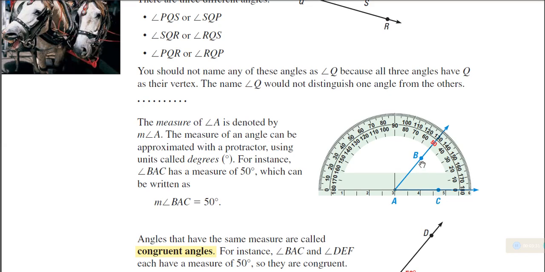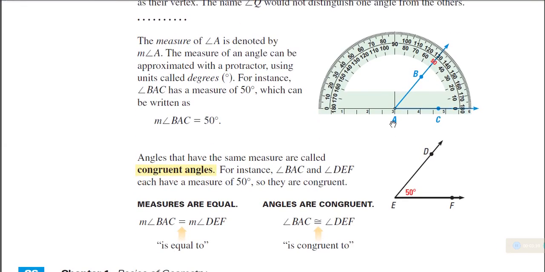So, for example, meron tayo ditong angle BAC, pwede mo rin siyang tawaging angle CAB. Paano natin siya mini-measure? So, yung isang ray, naka-flat siya dun sa straight line sa baba ng protractor. And then after that, titingnan mo kung saan nag-pass through yung isang side ng angle, yung hindi naka-plot dun sa straight line.